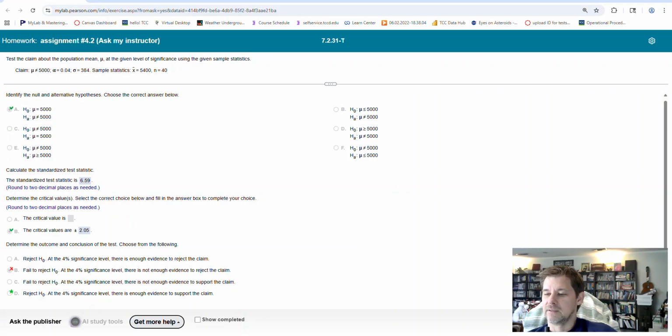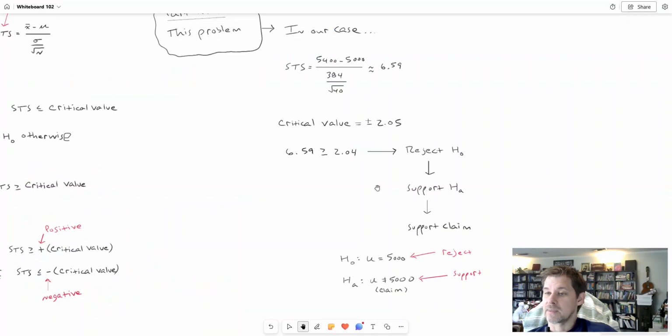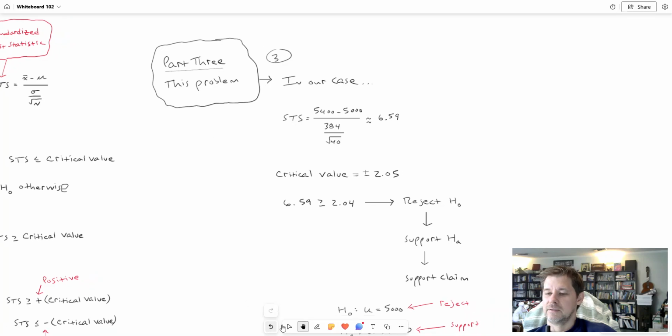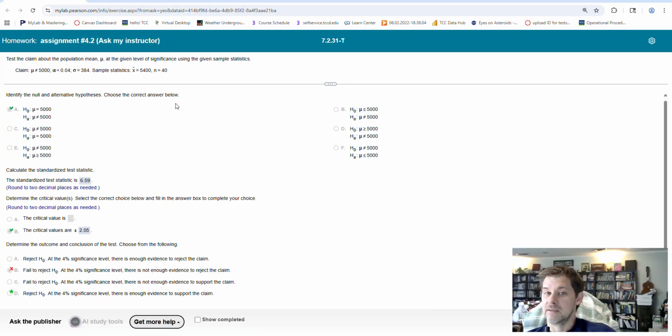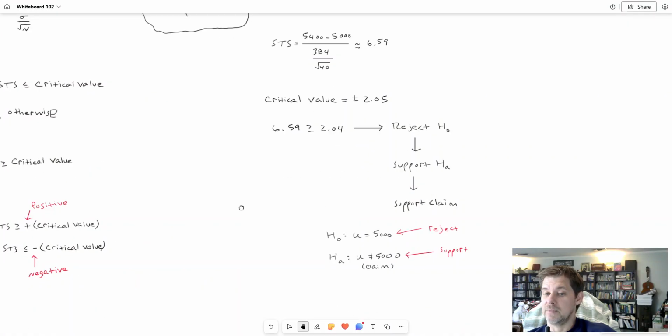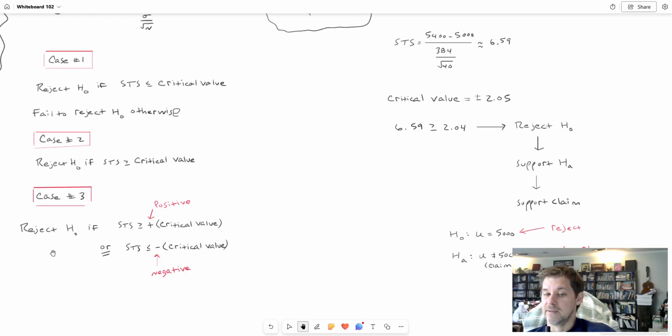The other side of the coin is that means I'm going to support the alternate. It's either one or the other. Okay? From the beginning, when we talk about what the hypotheses are, if we reject one, we support the other. Okay? So in this case, if I'm rejecting the null hypothesis because that's how the numbers work out, then I support the alternate.